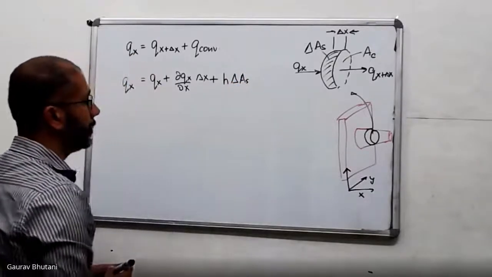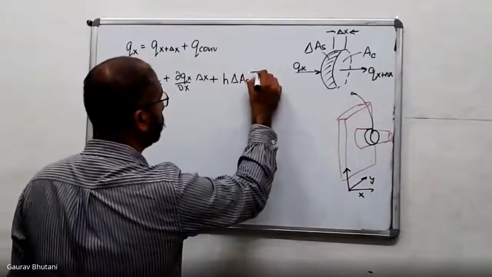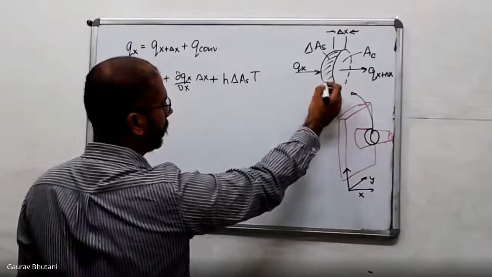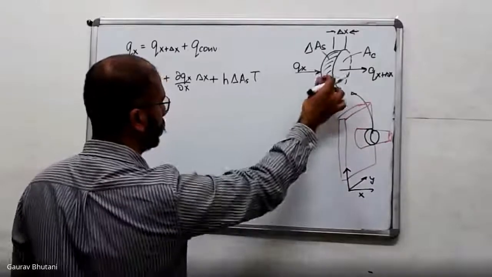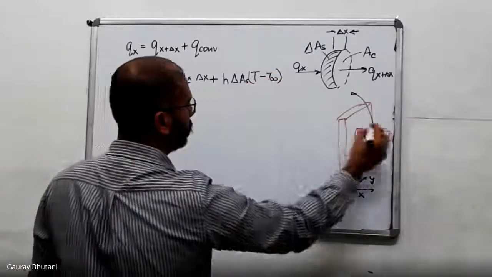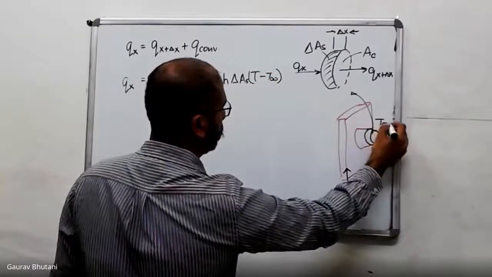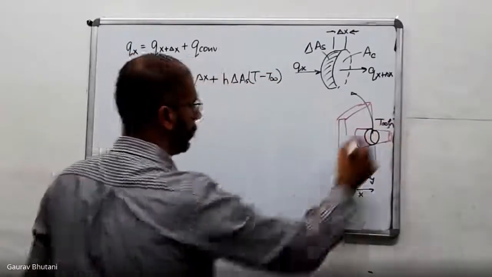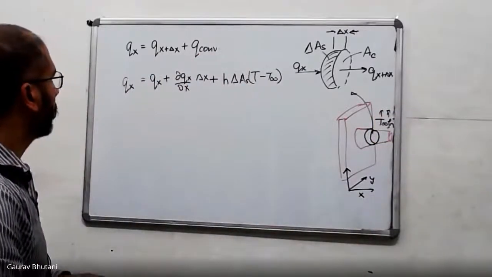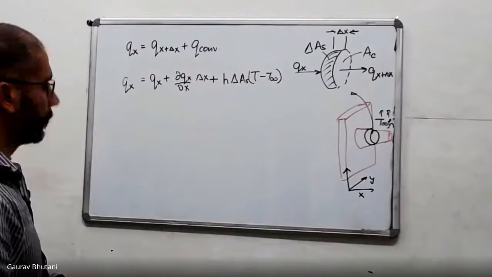And then the temperature difference. So you have T, which is the surface temperature here. You can assume that the temperature on this thin element is not changing, and then minus T infinity. So T infinity is the temperature outside on which convection's happening.